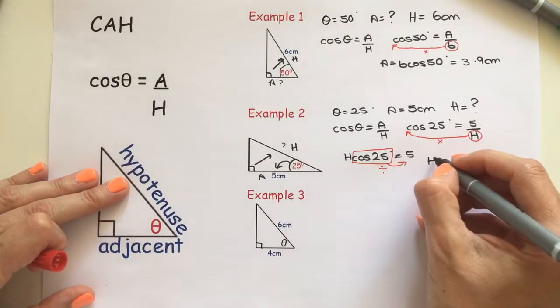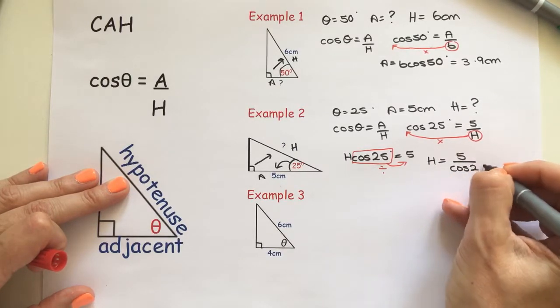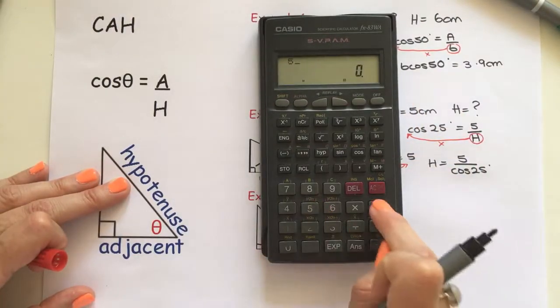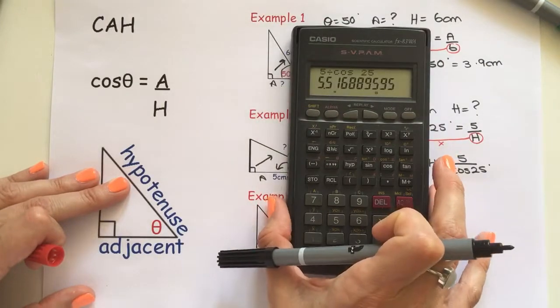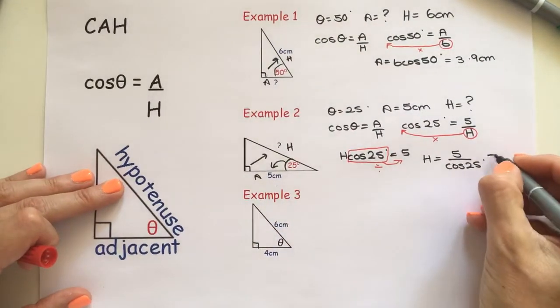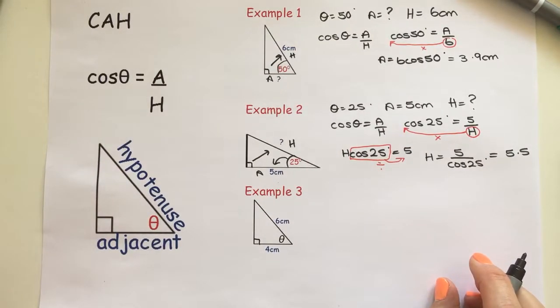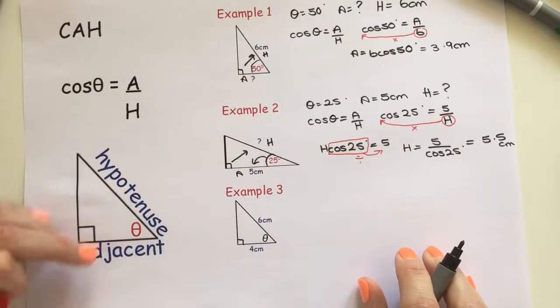So h equals 5 divided by cos 25 degrees. And if we put that in our calculator, 5 divided by cos 25 is 5.5 to 1 decimal place centimeters.